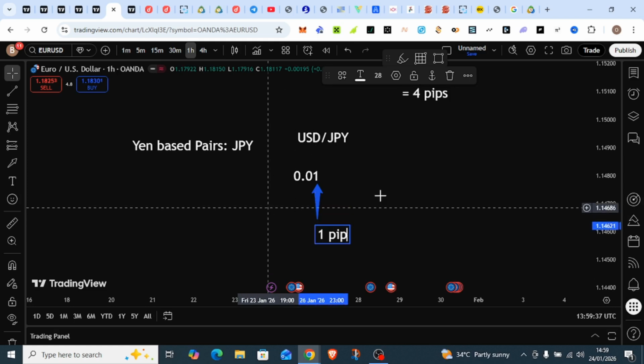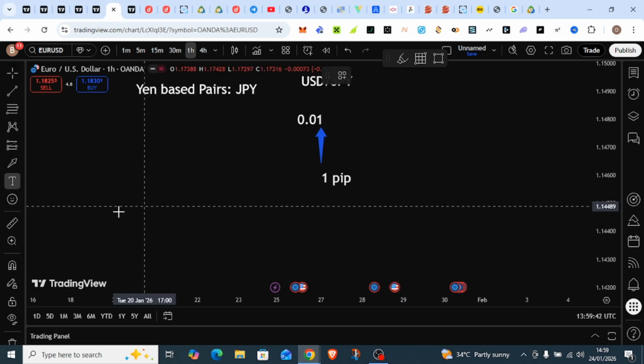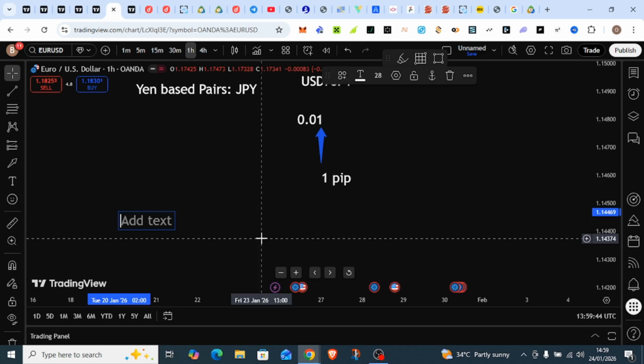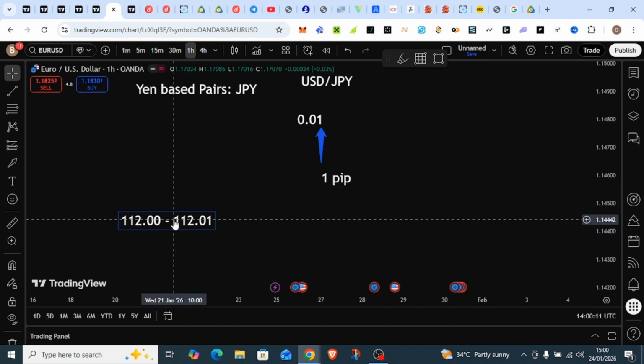If price moves, let's talk about this example. If price moves from 112.00 to 112.01, this is just a 1 pip move.